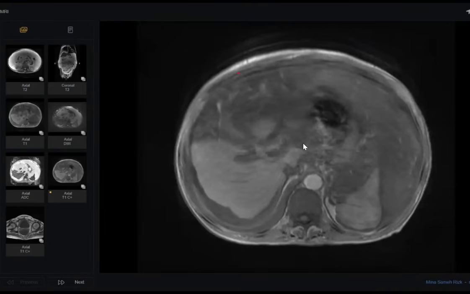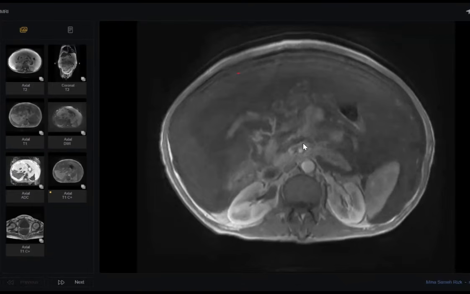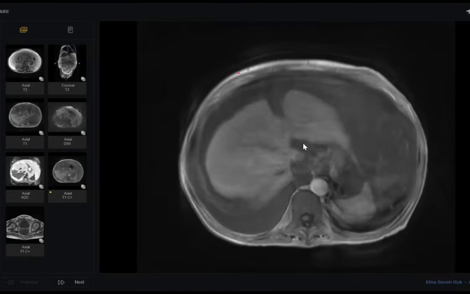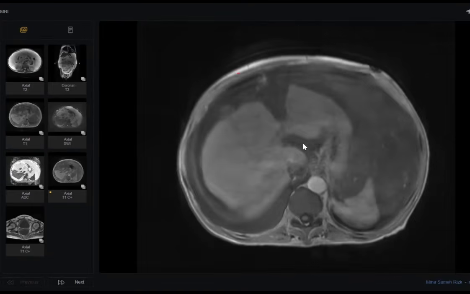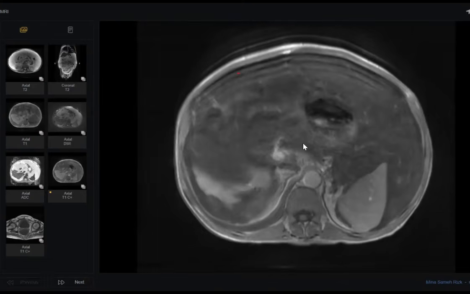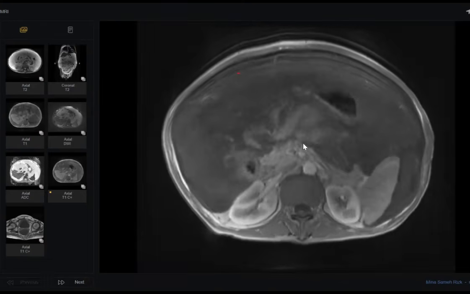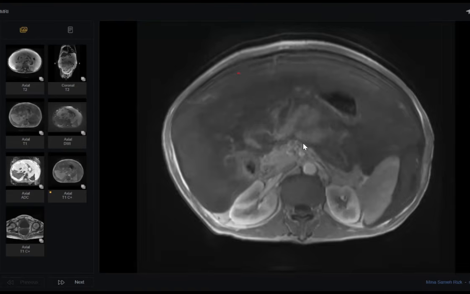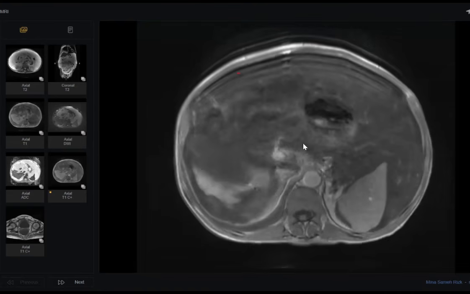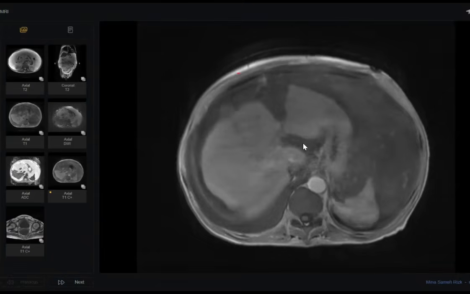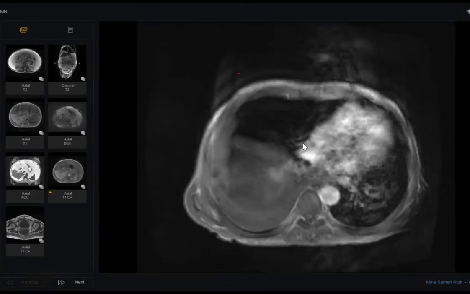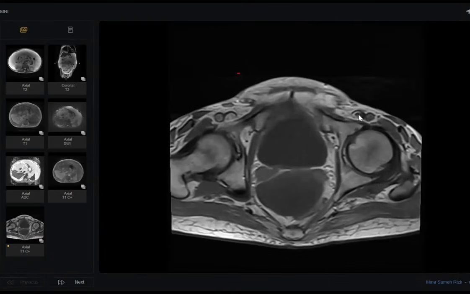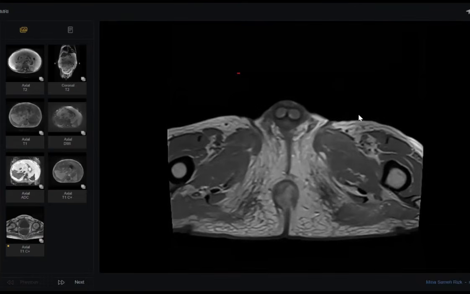I would like to correlate this. So these are post-contrast T1-weighted images, and this again redemonstrates the presence of fluid in the abdominal cavity.